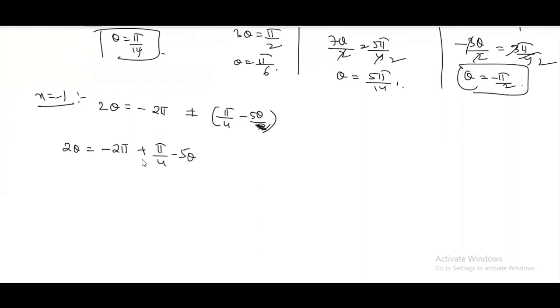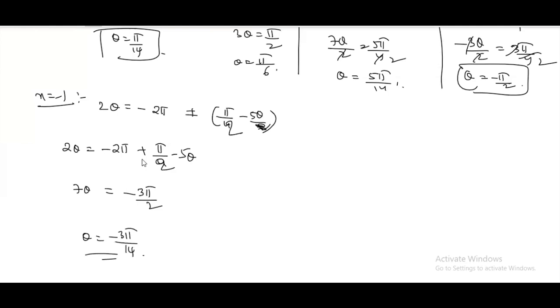This will become pi by 2, sorry, because we are not taking the 2 common yet. So this will become 7 theta is equal to minus 2 pi means minus 4 pi, plus pi by 2, so minus 3 pi by 2. So from here theta is equal to minus 3 pi by 14.